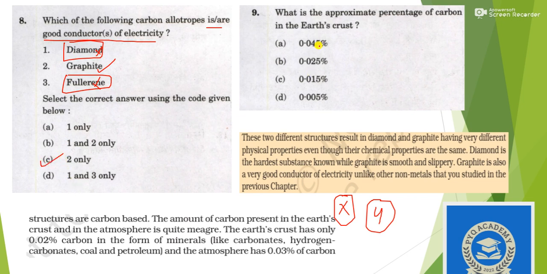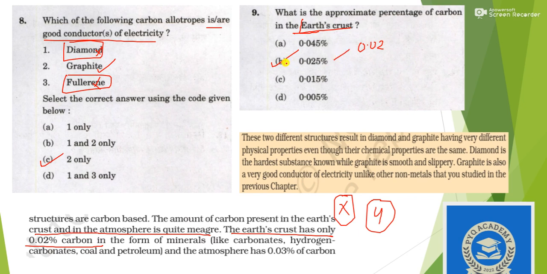The next question is, what is the approximate percentage of carbon in Earth's crust? On the first page of the chapter, it is given that the amount of carbon present in the Earth's crust and in the atmosphere is quite meager. The Earth's crust has only 0.02% of carbon. Here it is asked about the Earth's crust, so the nearest option will be 0.025.